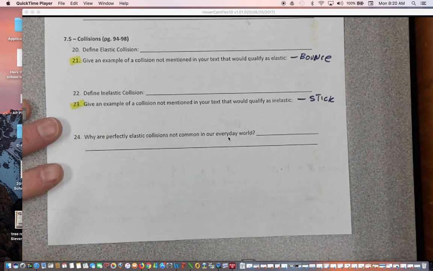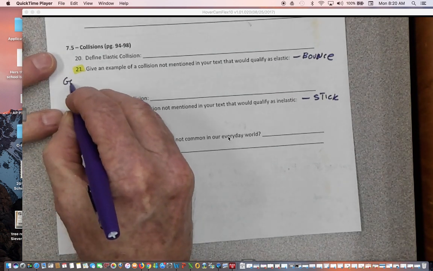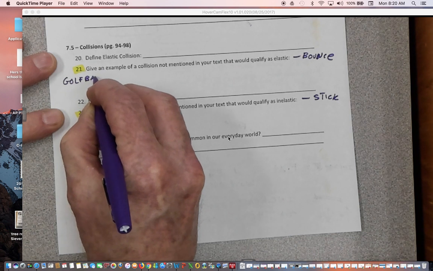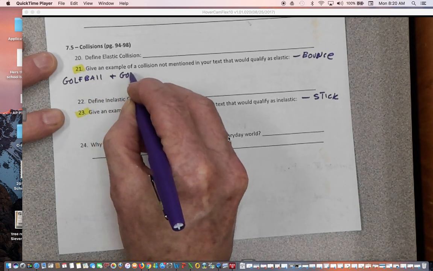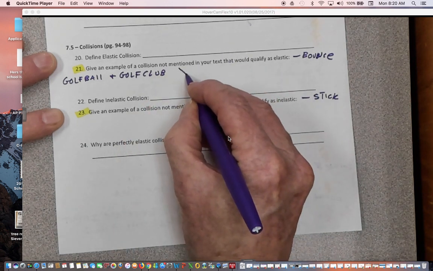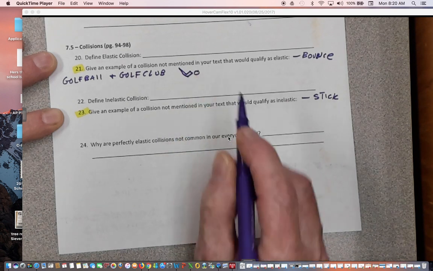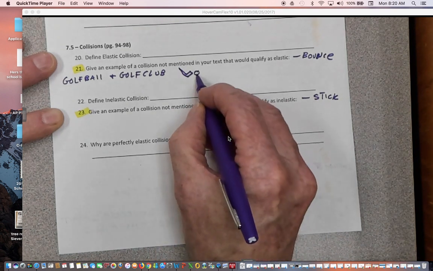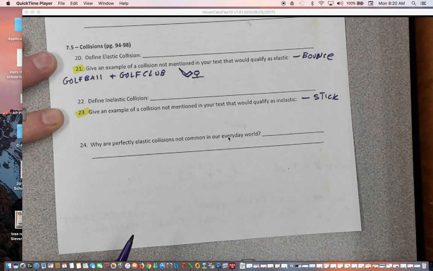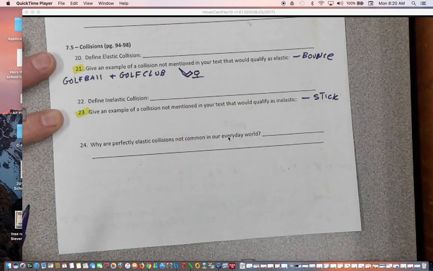Think of something where two things collide and they bounce and don't stick together. I would say a golf ball and golf club. Here's the golf club and here's the golf ball. Even though the golf ball, and I'll put it on a tee, is at rest, they're going to bounce. The ball bounces off the golf club.